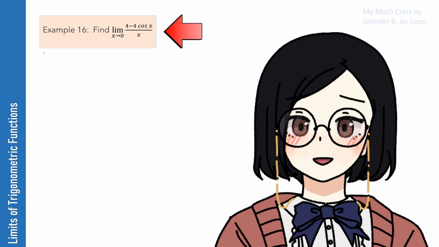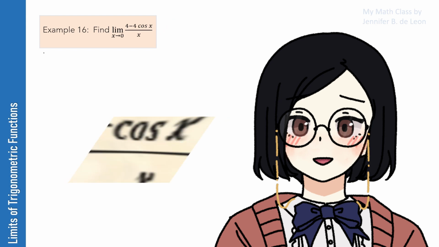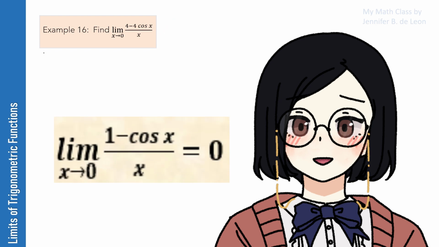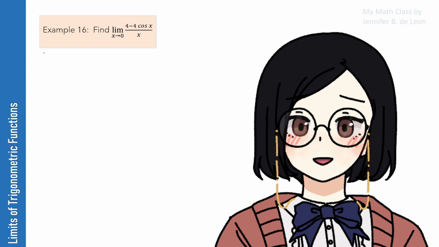Since this involves the expression, the limit of 1 minus cosine x all over x as x approaches 0, we have to extract that expression from the given function. Factoring out, we will have 4 times the quantity 1 minus cosine x all over x as x approaches 0.